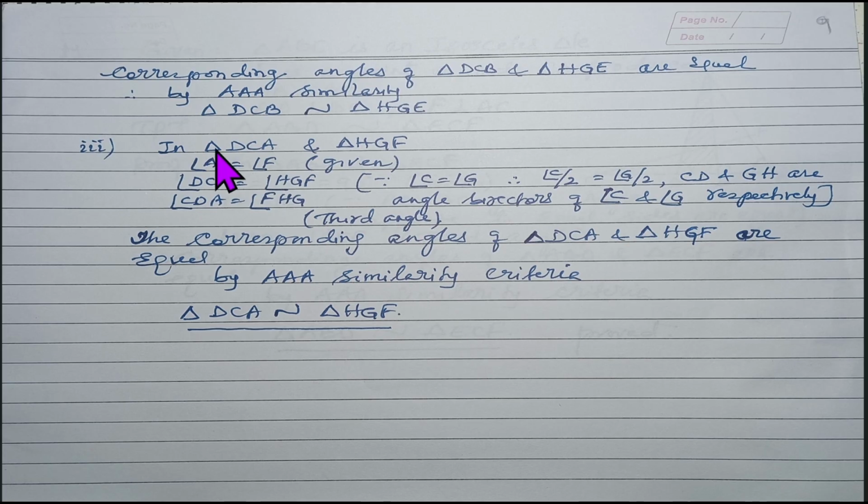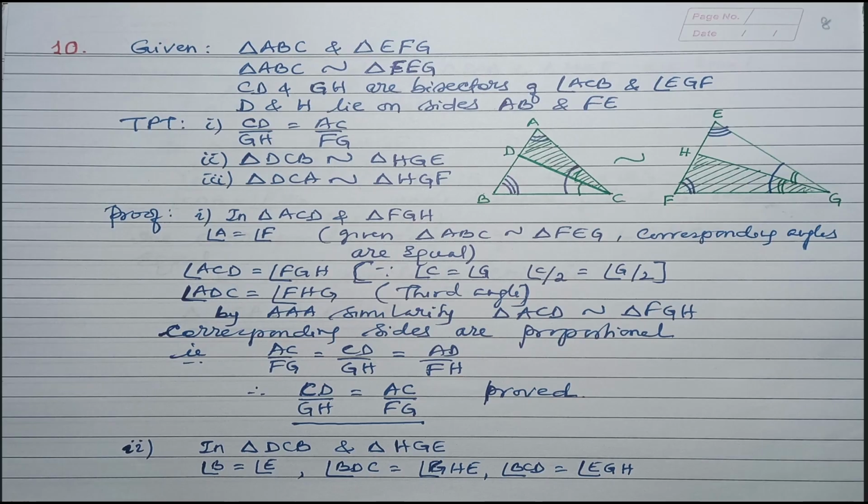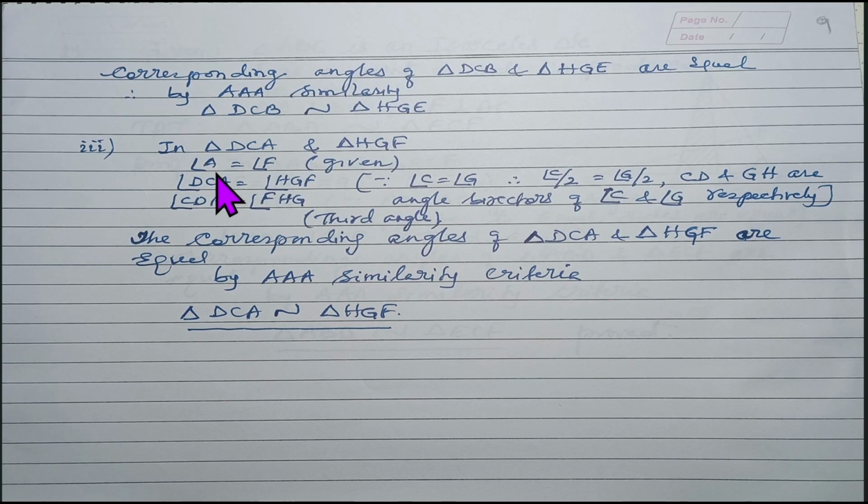Now again the third important part, that is triangle DCA and triangle HGF. Now we have to prove them as similar. Angle A is equal to angle F, given.